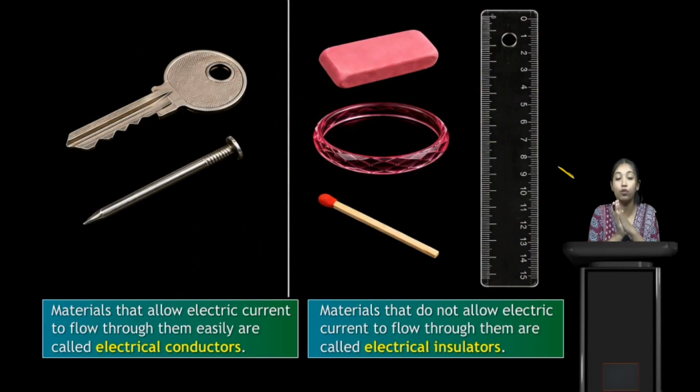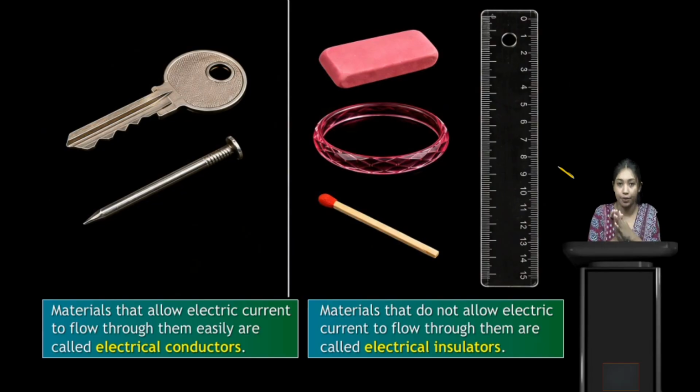Okay, so we will not forget what is conductor and what is insulator. Conductor, the materials that allow electric current to pass from one side to another side. And insulator, material that does not allow electric current to flow through them.